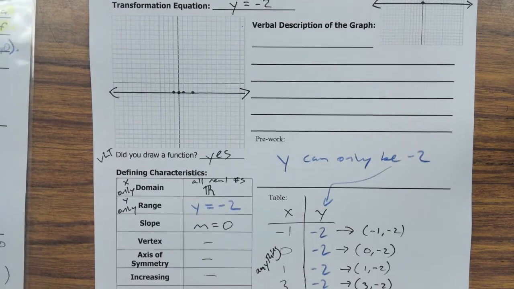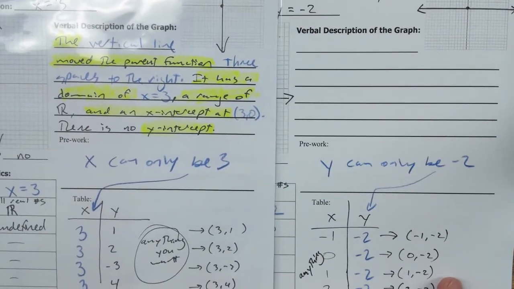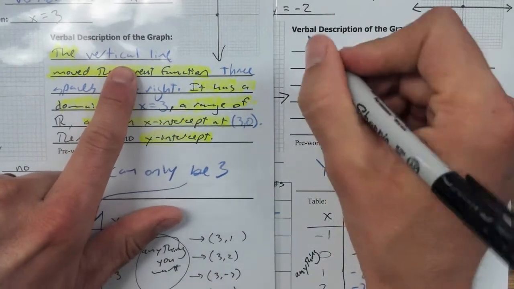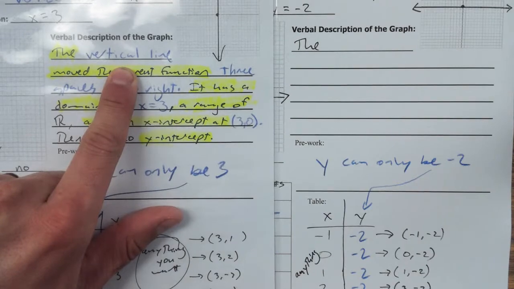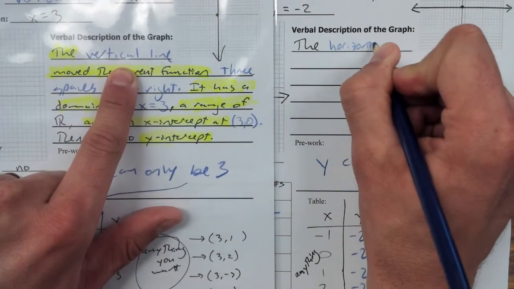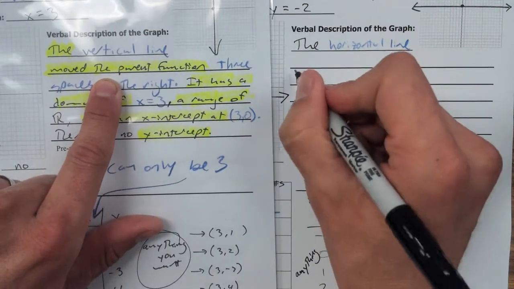Okay, so we got most everything. What about the verbal description? Let's look at the verbal description for our FC1. We're going to do something very similar. Instead of saying the vertical line, we're going to say the horizontal line. It moved the parent function.